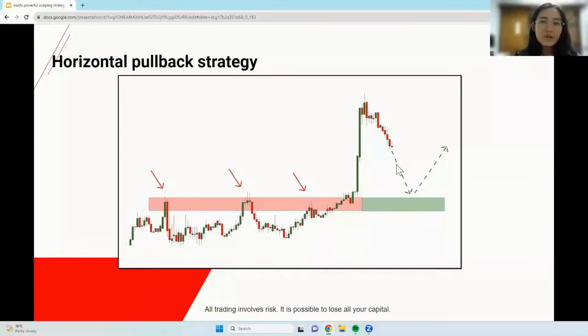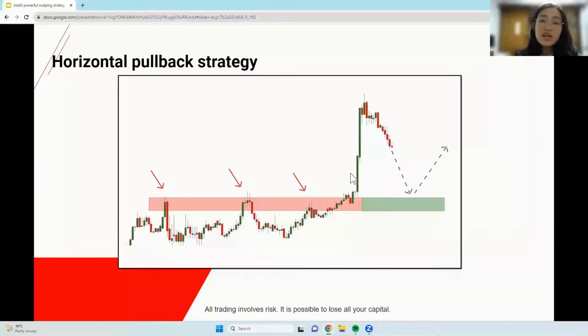Since it's breaking out of it, we are expecting price to return back to that level. If you're wondering why we can expect price to return to this level, it's because of this multiple swing high resistance. Basically, the more swing highs, or swing lows if we're talking about support, that line up in the same area, the more likely price is to return and respect that area again.